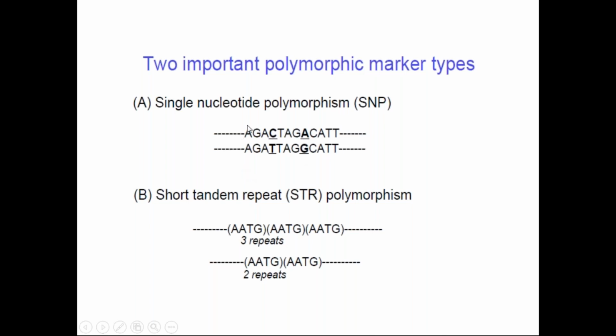That's why we utilize SNP regions, single nucleotide polymorphic regions, as a molecular marker for the identification of the crime perpetrator.